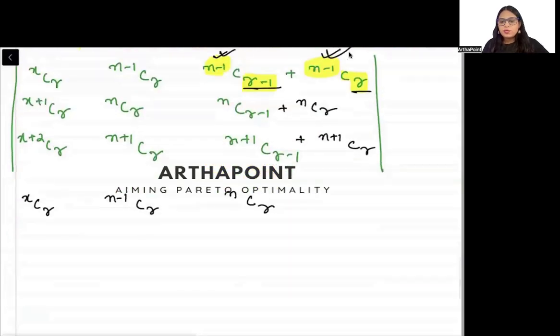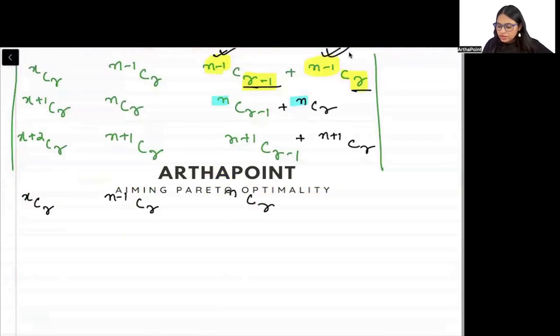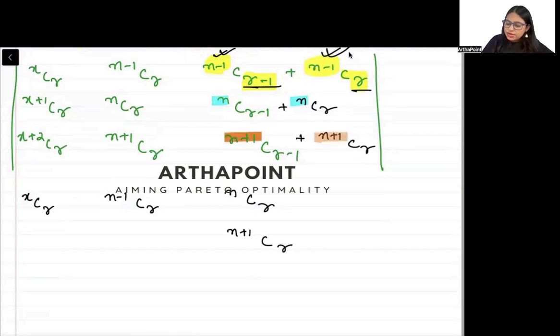ठीक है? So what will the second column become, beta? The second column has n and n here. So when you have n, then it becomes n+1. So you will have n+1Cr. And here you have n+1 and n+1.